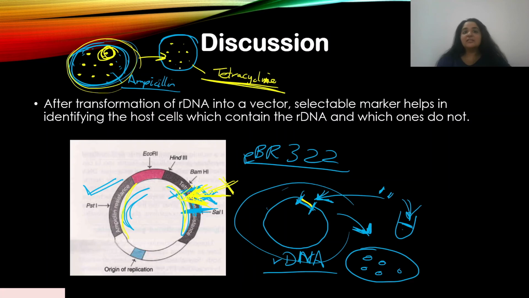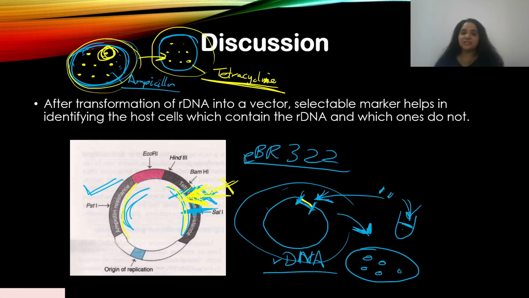And we create another replica with a medium in the petri dish containing tetracycline. Now we can compare both and see in which positions the colonies have not grown.